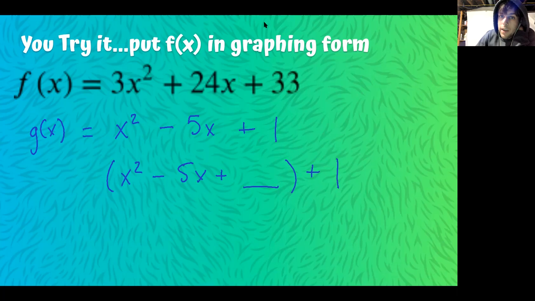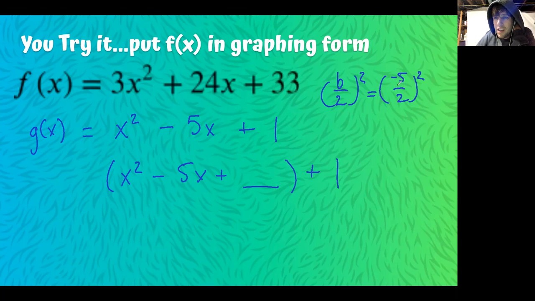Now I need to figure out what needs to be added in there. So remember, I always got to do b over 2 squared. My b is now a negative 5. This is something that can happen: anytime we have an odd number there, since I'm going to do b over 2 squared and b is an odd number, I'm going to get a decimal or a fraction. It sort of depends.